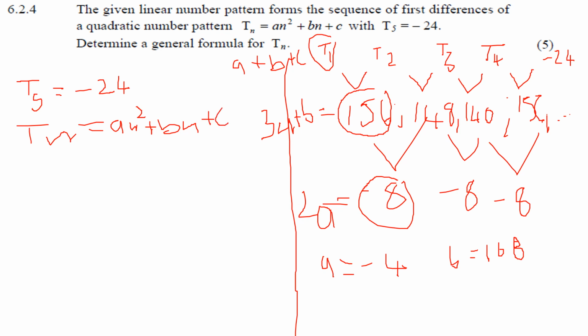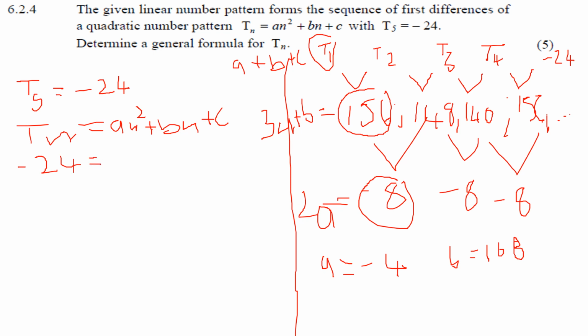So now we can substitute. We already have Tn as being negative 24. And we also have n, because it's the position, which is the fifth position. And we also have the value of a and the value of b of the quadratic sequence. That means we can calculate the value of c. So we substitute the value of Tn, which is minus 24.